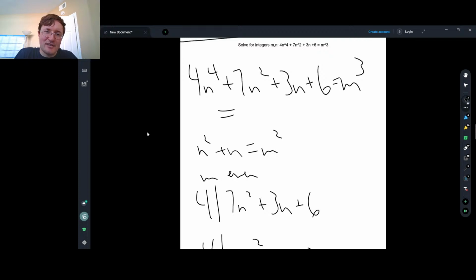I could try writing the left side as a difference of 2 squares. Wow, this is tricky.